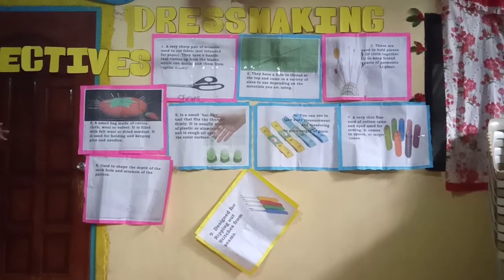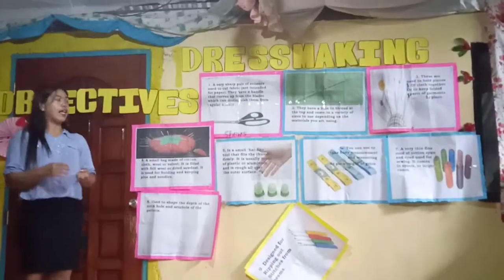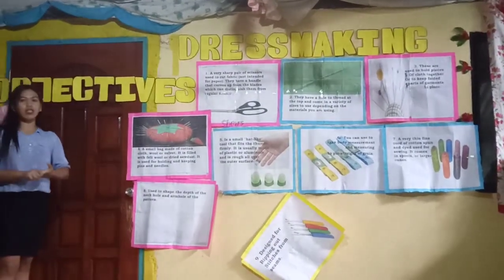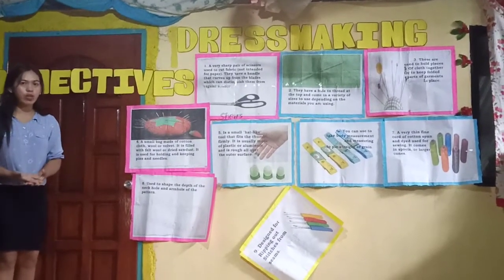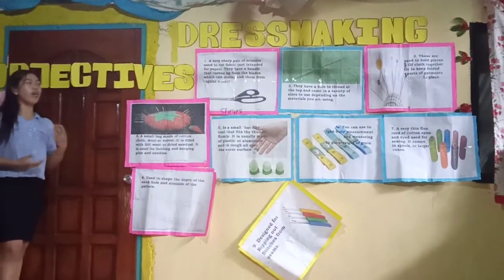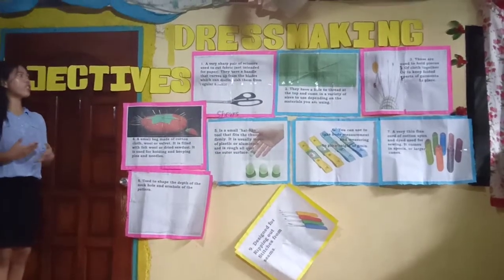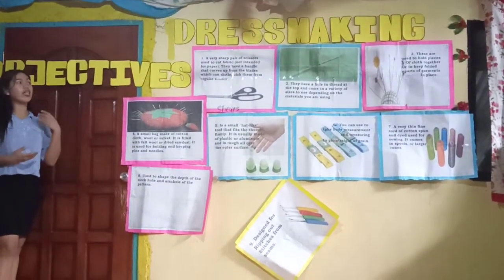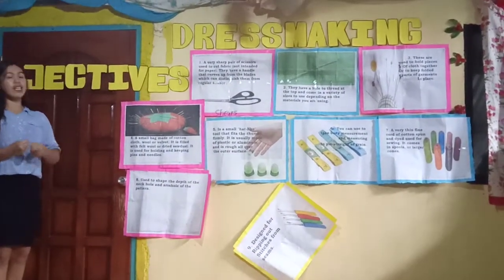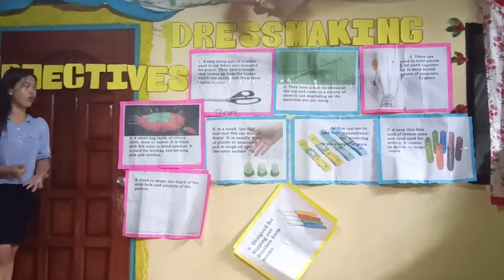The students will answer all the given questions by the teacher. And the last is the assignment. The teacher will give an assignment to the students. On a one-half sheet of paper, research some tools and equipment on dressmaking. They must pass it tomorrow, and they will get 20 points if they can pass it tomorrow.